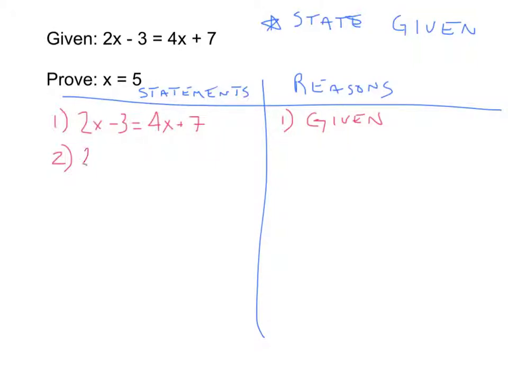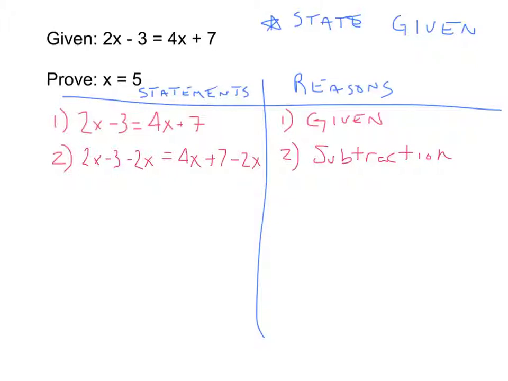So I'm going to take our 2x minus 3, and I'm going to subtract 2x. And what I do to one side, I need to do to the other side. So I should have a 4x plus 7 minus 2x. So I'm showing that I'm subtracting, so I'm going to use subtraction. Now we're just abbreviating here. It's technically the subtraction property of equality, but we're just abbreviating.